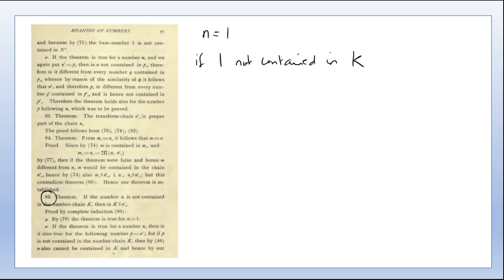where k is some particular number, is not contained in the number chain k, then by 78, so let's have a look what 78 says. So 78 says that n is equal to 1 n primed. So that's 78.